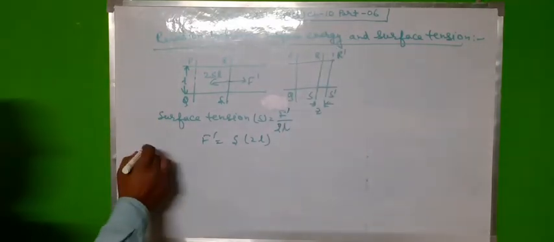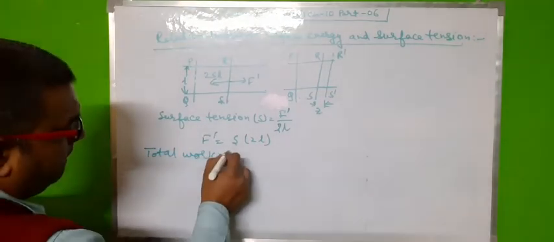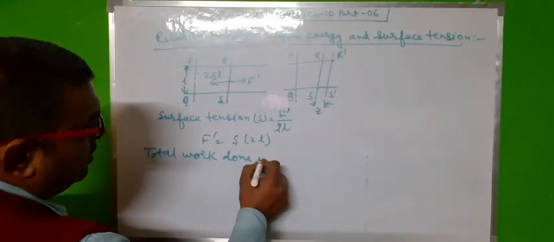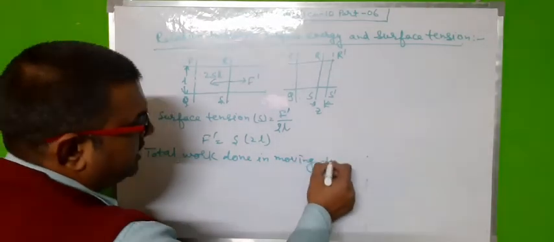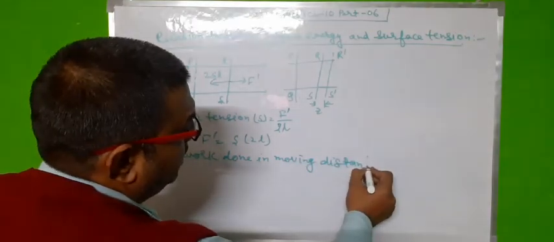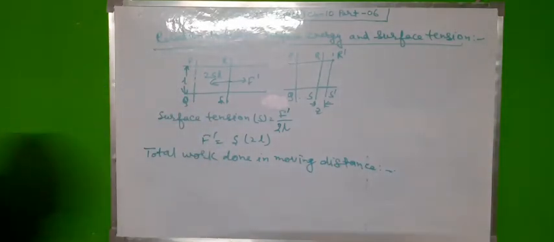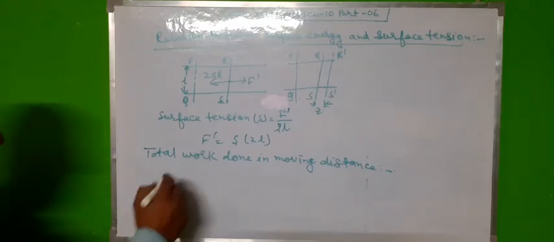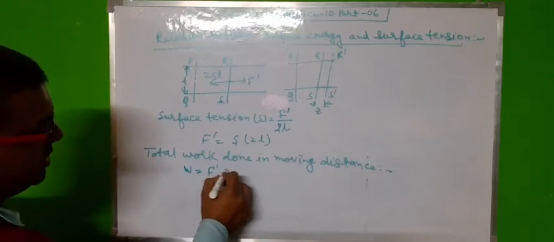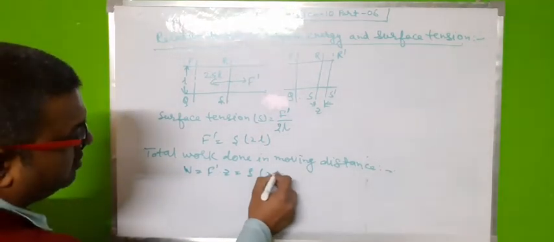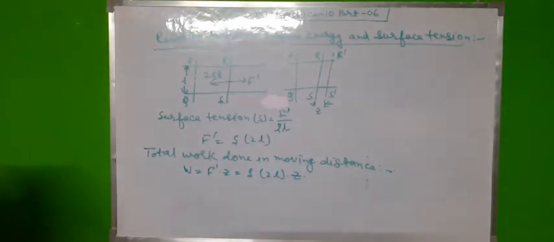So the total work done in moving distance Z, the external work done W, is equal to F dash into Z, and F dash is S into 2L, so W is equal to S into 2L into Z.